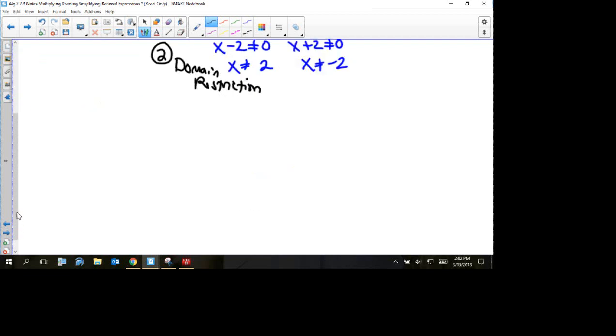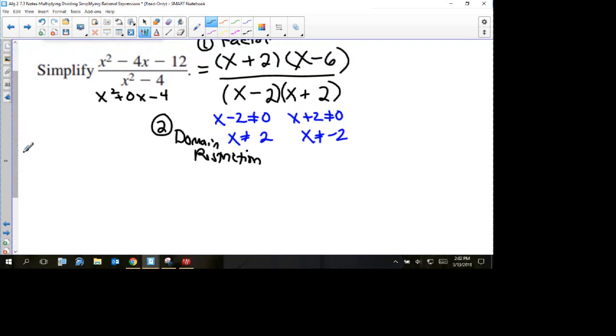The third thing we're going to do is cancel factors. Do any of them cancel? We factored the top, we factored the denominator. Are there any factors that we could reduce? The answer is yes.